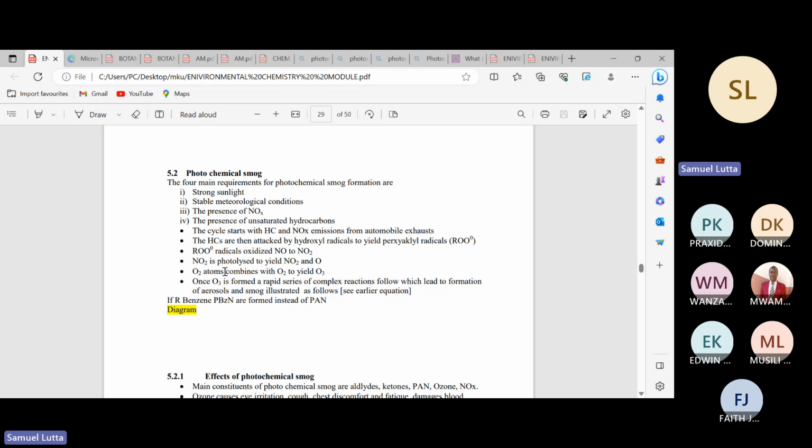So the organic compounds that we talk about are referred to as PAN, which stands for peroxyacyl nitrate.